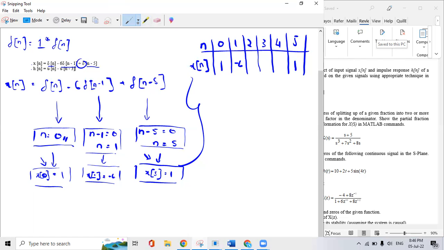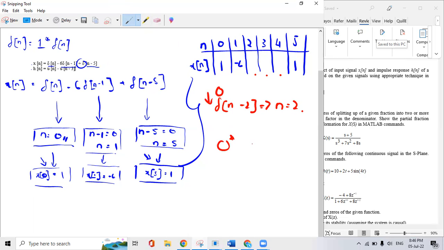So what is the magnitude for 2, 3 and 4? Looking at the expression, we don't find anything like n minus 2 so that we can find n equal to 2. This is because their magnitude is 0. Why?